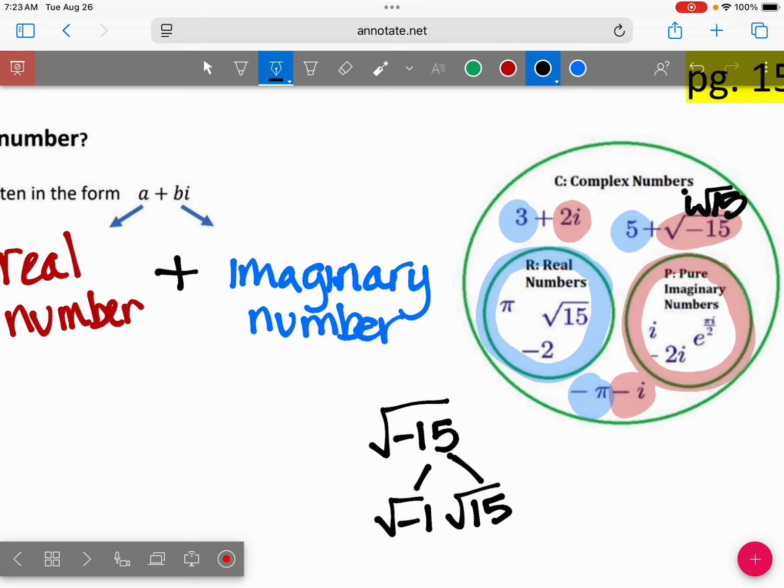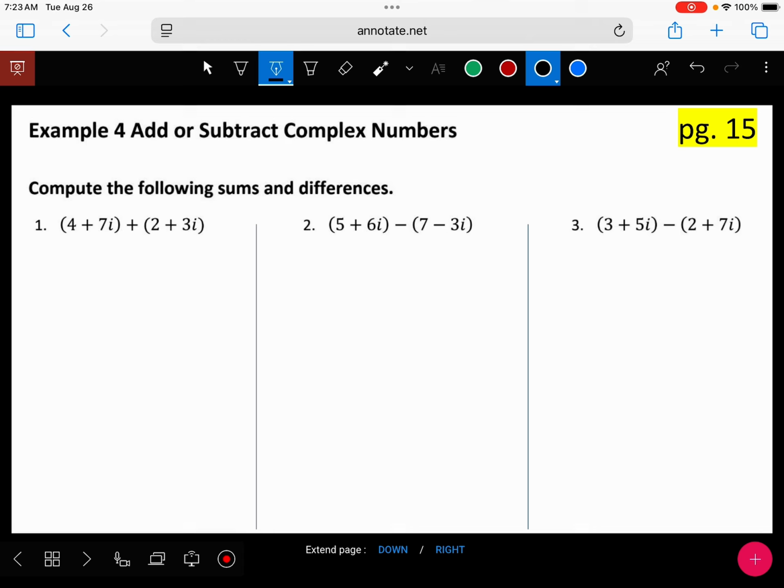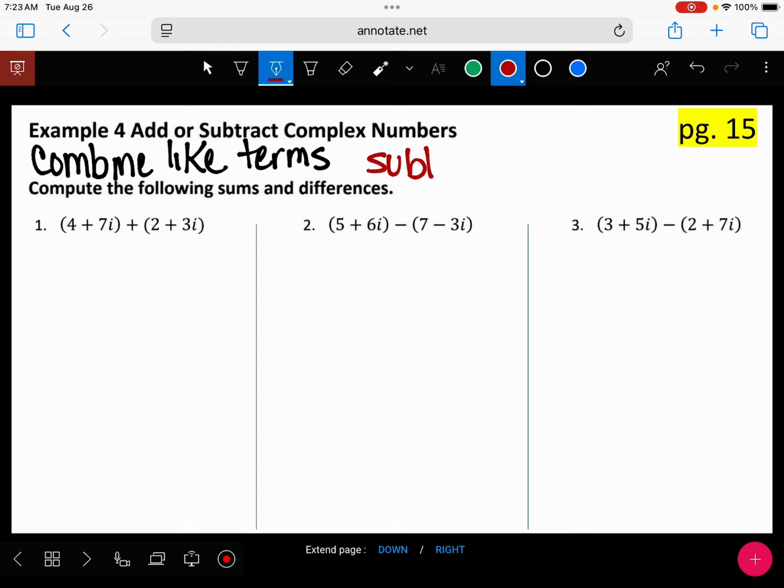Okay, so whenever you do operations, all we can do is combine like terms. That's all we can do. But if it's subtraction, we have to distribute the negative first.